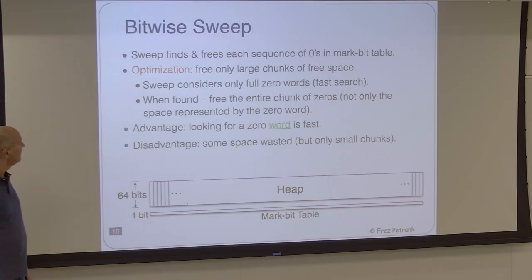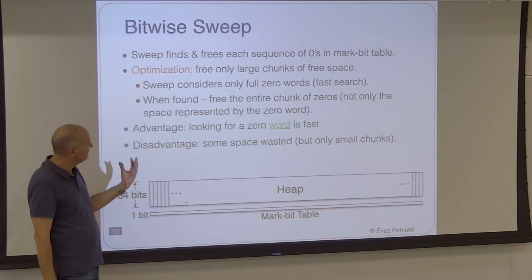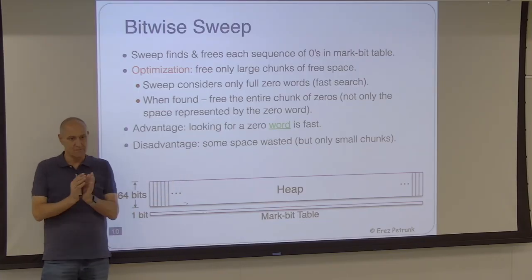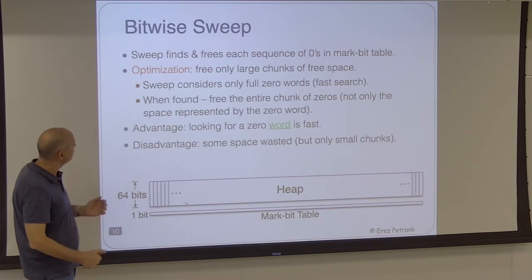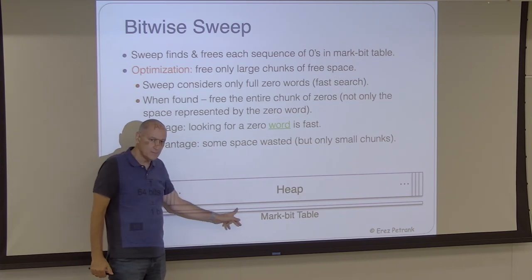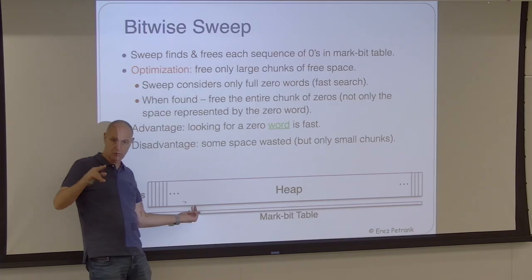Okay, cool. Bitwise sweep is very, very useful in engineering. And here you're going to give up something in order to gain something else. The idea is that usually you go over the mark bit table and you look for sequences of zeros between two ones.